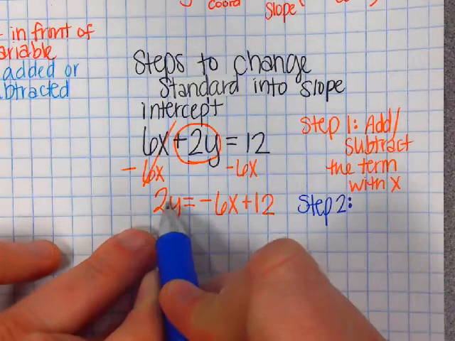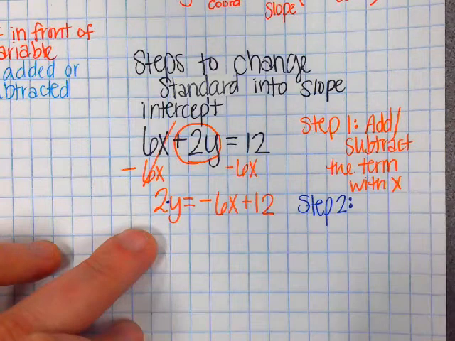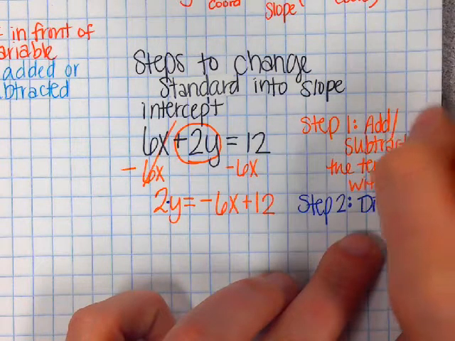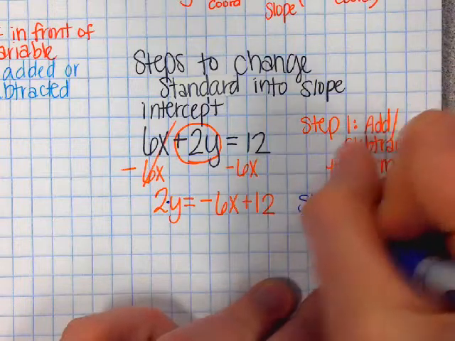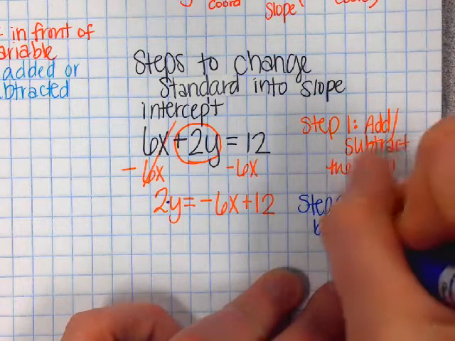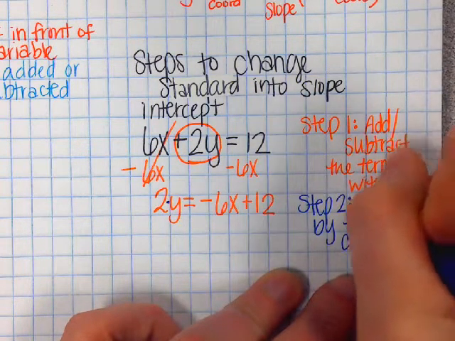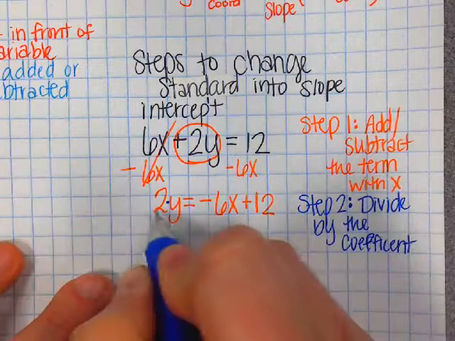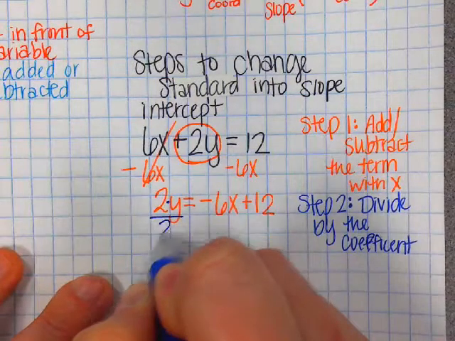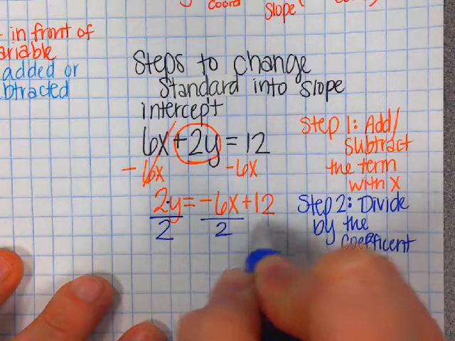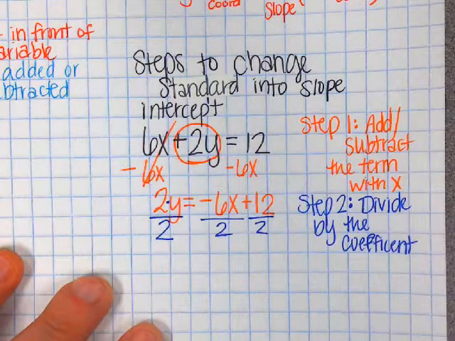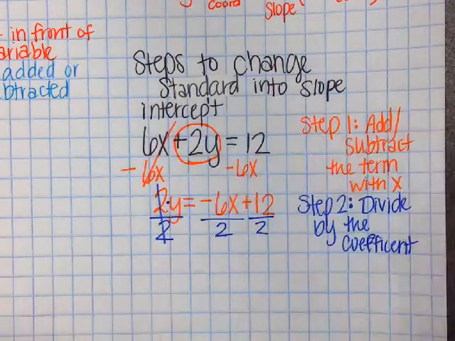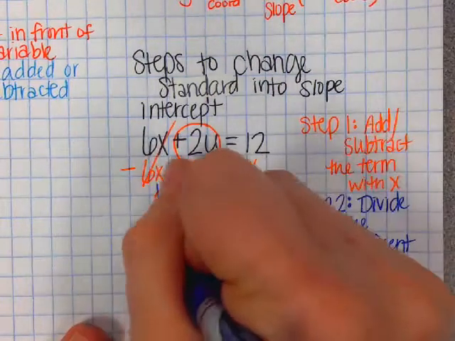I'm still trying to get y by itself, so right now it's 2 times y. The opposite of multiply by 2 is divide by the coefficient. So I need to divide by 2, and you have to do it to all parts.